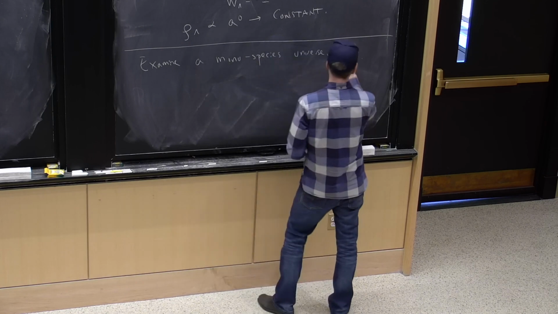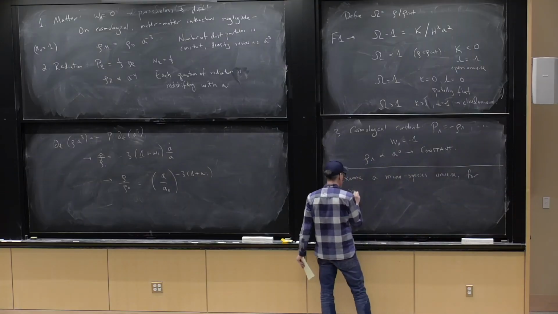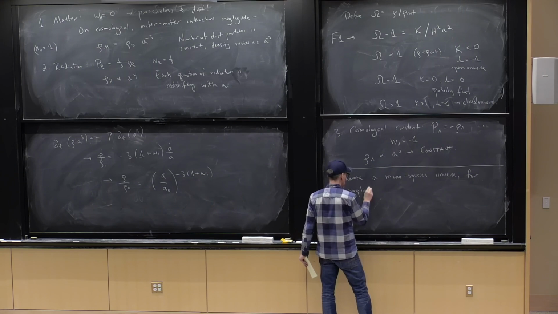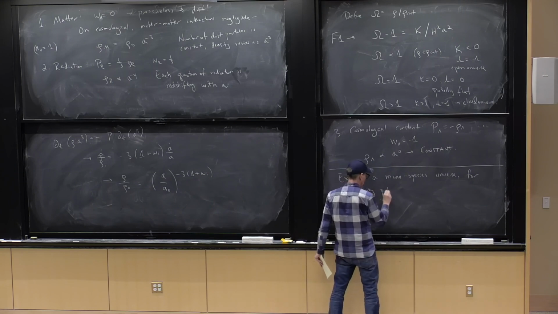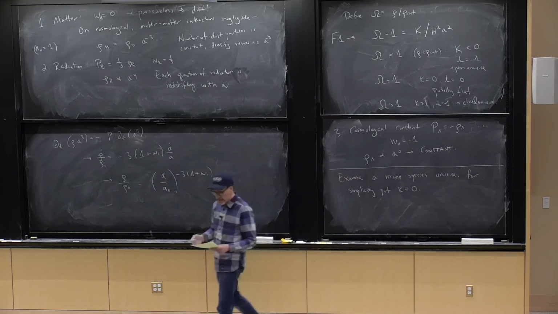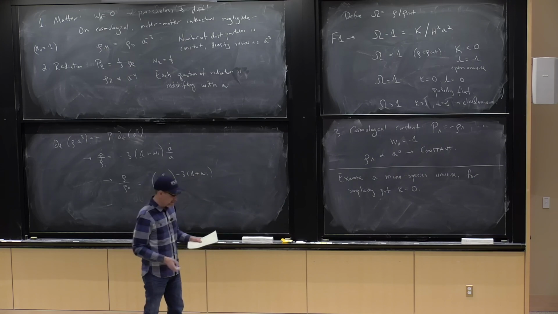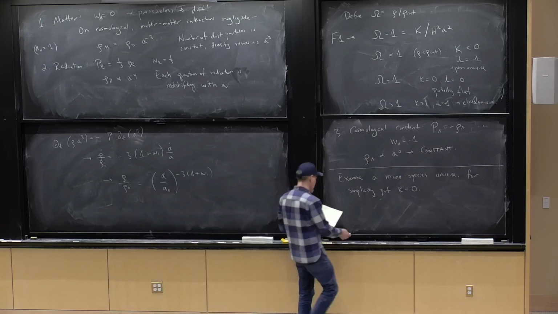And for simplicity, I'm going to take it to be spatially flat. Neither of these two conditions is true in general, but they're fine for us to wrap our heads around what the characteristics of the solutions look like.